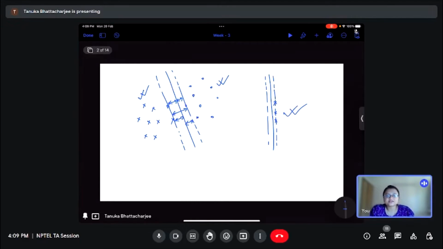Now if there is some measurement error and some data point shifts slightly more towards the other class, it can get misclassified if you have a very small decision margin. But if you have a larger margin, you have more confidence. Even if there is small perturbation due to noise or something, even after that you will be able to classify.